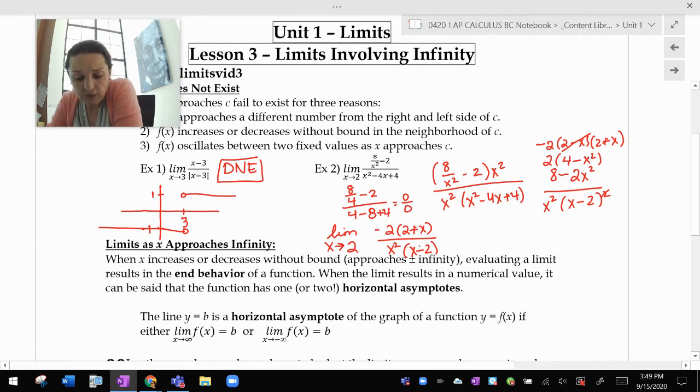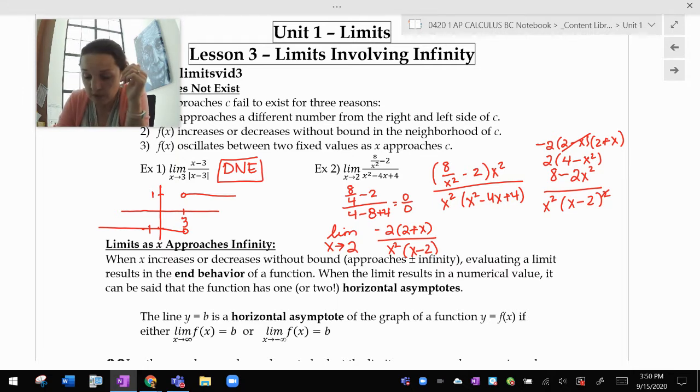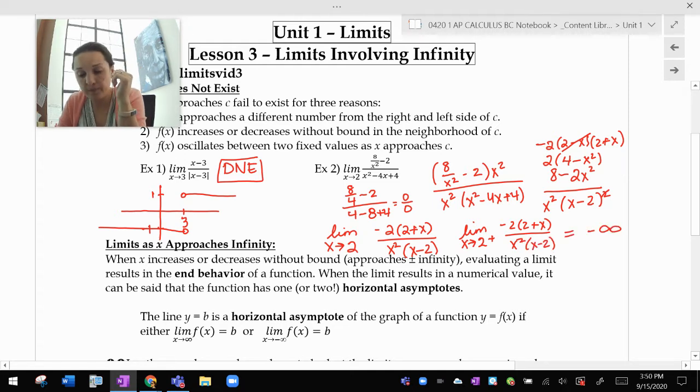So what I really am going to have is a negative on top and then a positive itty bitty number on the bottom. So a negative big-ish number divided by a teeny tiny positive number is going to be a really big negative. The limit as x approaches 2 from the right is going to be negative infinity.